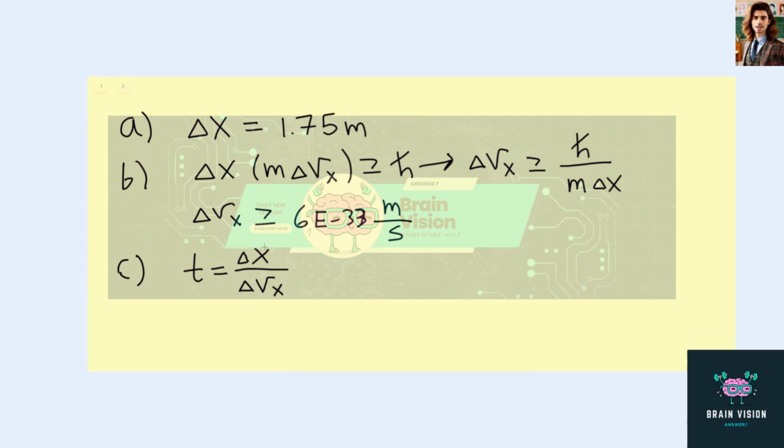Thus, when you divide a distance by velocity, you get time. So we use the 1.75 meters for the table and the uncertainty in the velocity, which is some incredibly small number. And you can predict that for the time, we're going to have an incredibly large time.